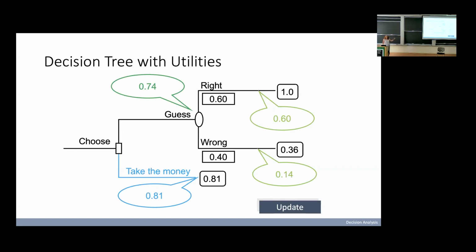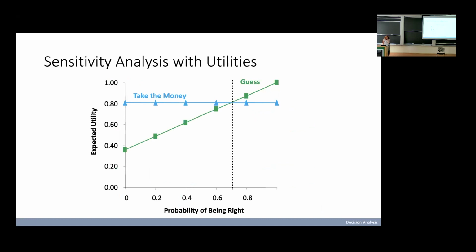And so now we get a greater value if we take the money at a probability of being right of 0.6. So if we looked at it the first time and only looked at the monetary amount, remember our threshold was 0.48, at which you would switch from taking the money to guessing. Now that we include how we value what we get out of it, that threshold moves to the right, which is very typical.